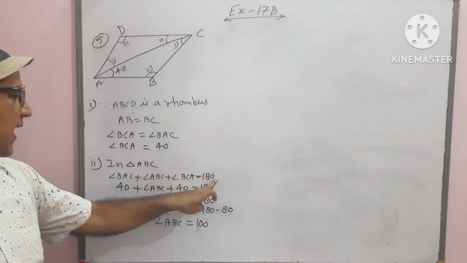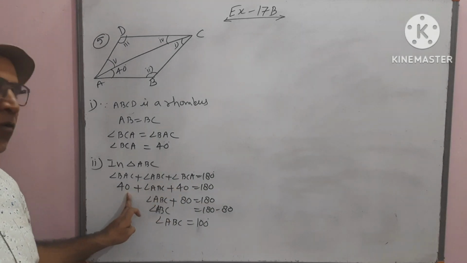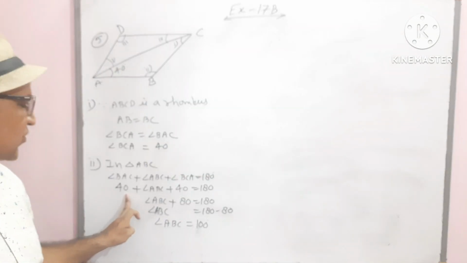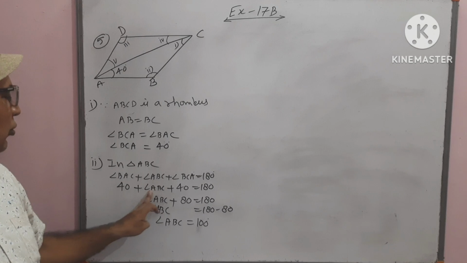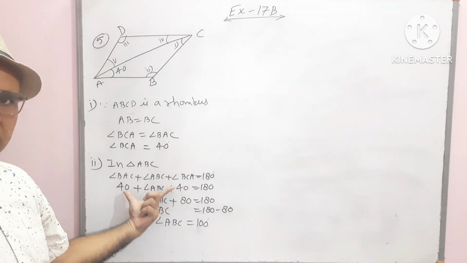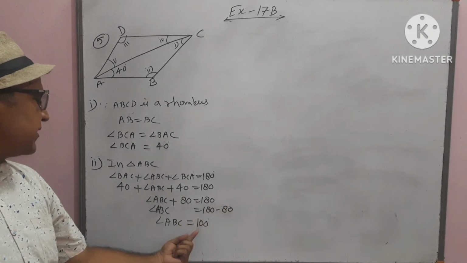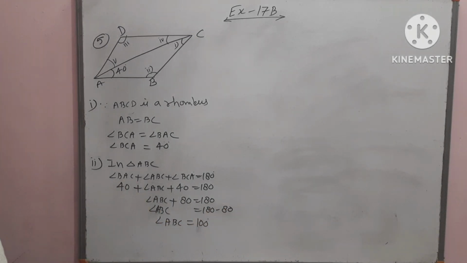Sum of the three angles is 180. Out of three, two angles are known, 40. So third angle is equal to 180 minus sum of these two angles. 40 plus 40 is 80. So 180 minus 80 is 100. And that is the third angle.